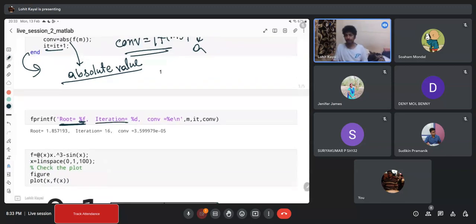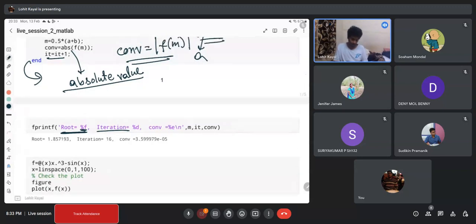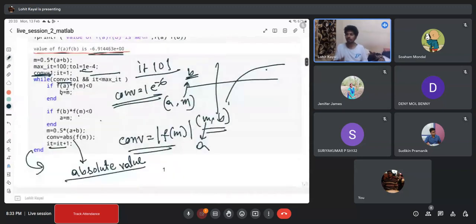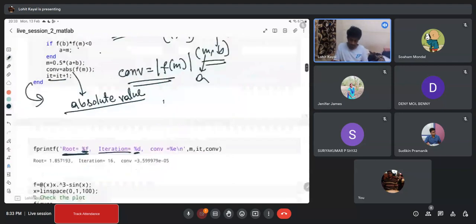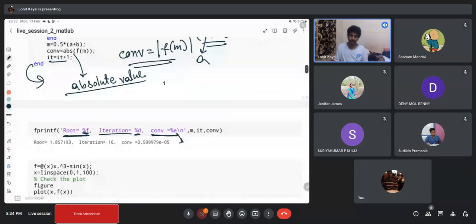Iteration is an integer, so I am starting with 1, it will be 1 2 3 4 something like that. Iteration equal to percentage d, and conv equal to percentage e, so it is in the scientific notation, comma m, it, conv. So it will print. Then you see that root will correspond to this m, because m will be my final root.